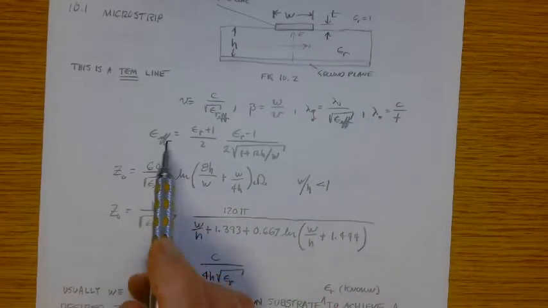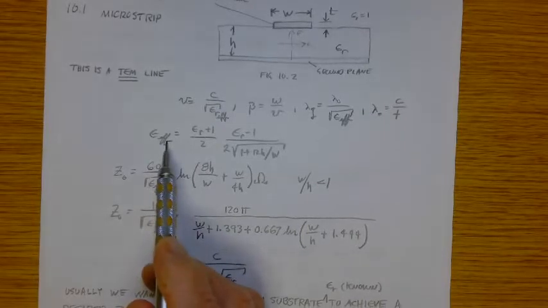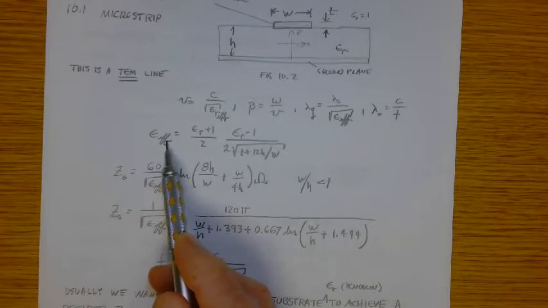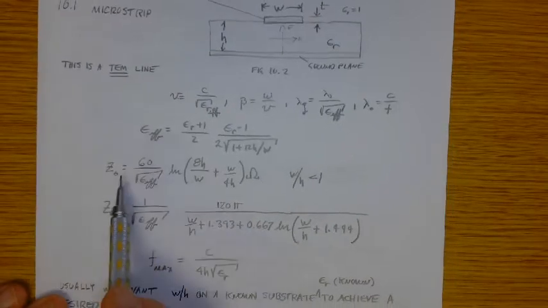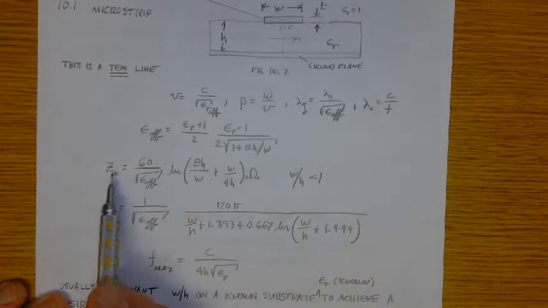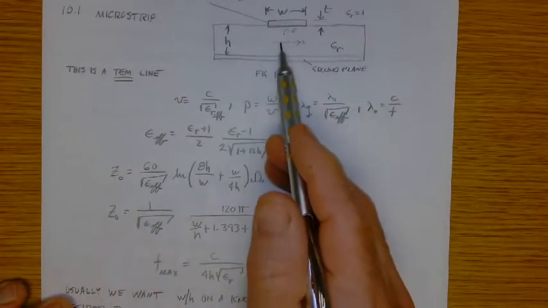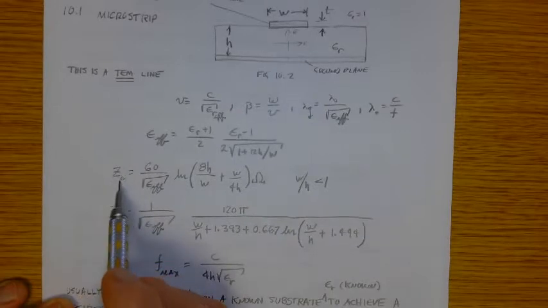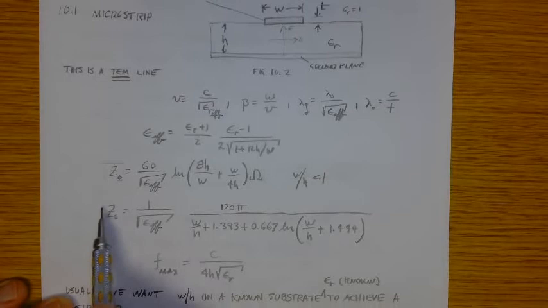Okay, so we've got an expression for the effective dielectric constant, and so then we have equations that we can now use to get the characteristic impedance. So this is what we want to specify typically, 50 ohms, 75 ohms.